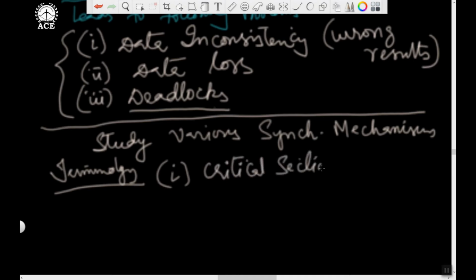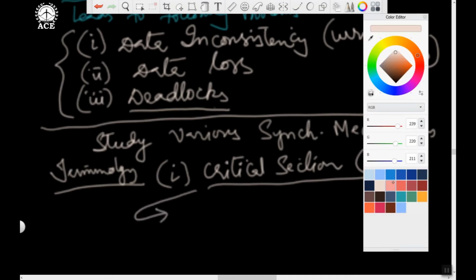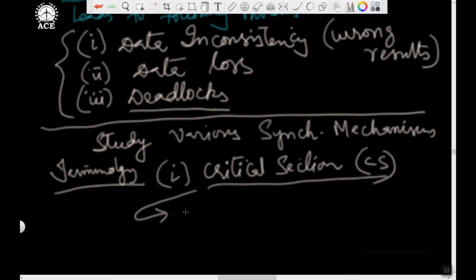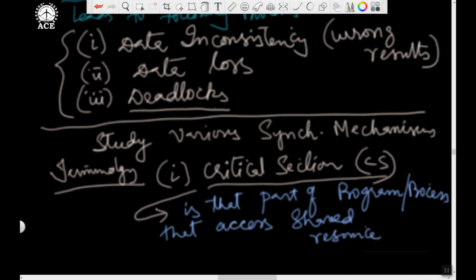Critical section, I will write in short CS. Now understand, critical section, I am writing the definition. I will take a different color. Critical section is that part of program or process that accesses a shared resource, something which is shared.